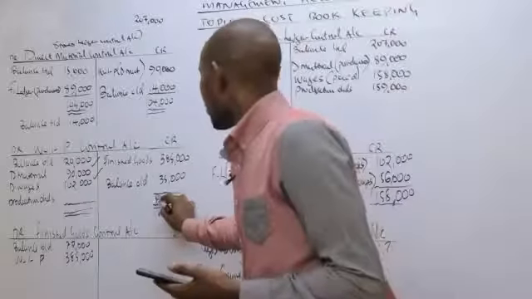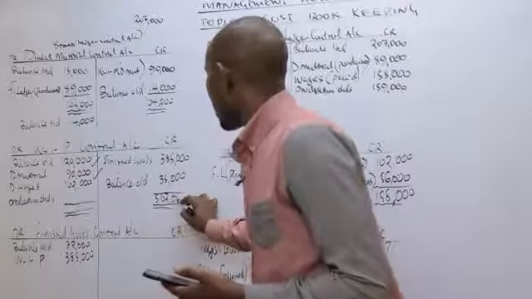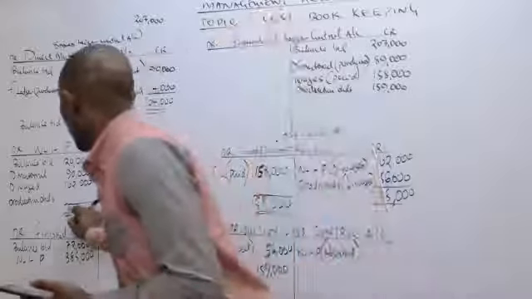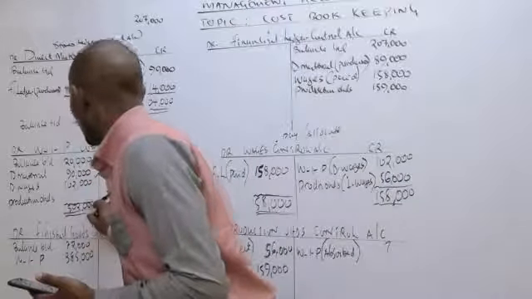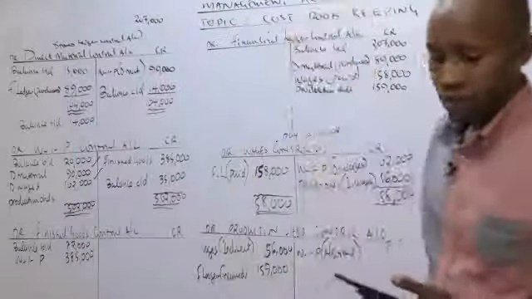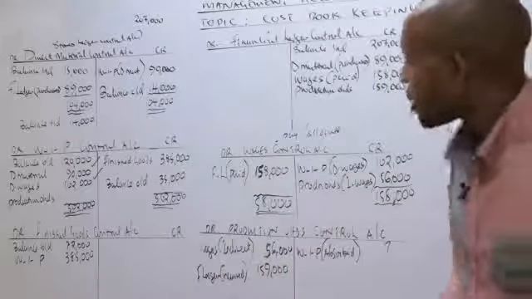So total here is 502,000. So this one must also give me 502,000. So what's the balancing figure?